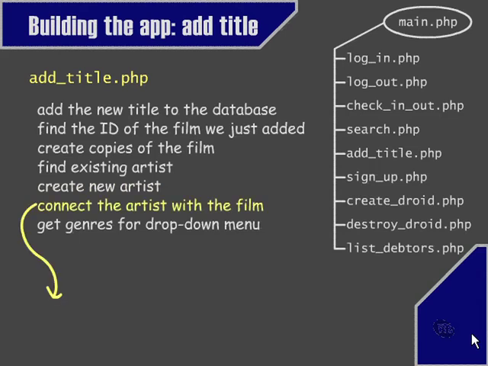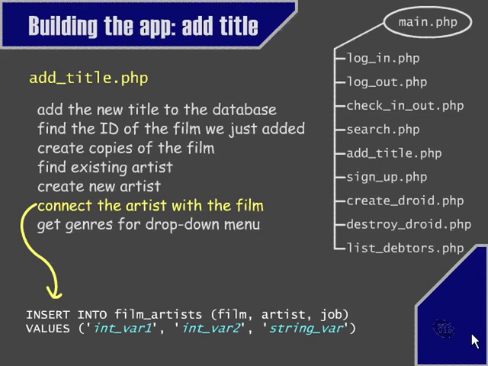We do this using the film artist table, and we use the ID from the film that we found earlier on in this particular query, and we use the artist ID that we found either in this query or in the second one of this query. And we also include the job. If you remember, the job column is an enumerated column with a certain small selection of values.